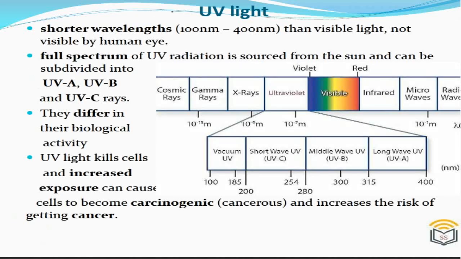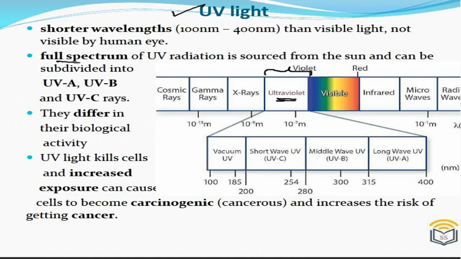So let's see what UV light is. UV light is a part of the electromagnetic spectrum, as you can see, the full spectrum. This part is the ultraviolet range, and this is the whole EM spectrum that I have already used in previous topics.